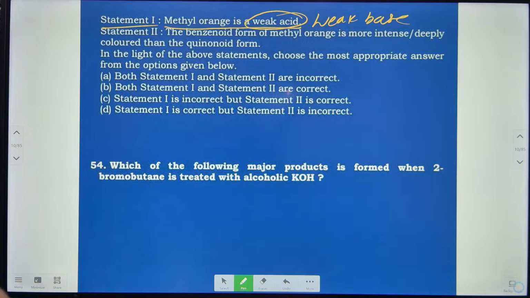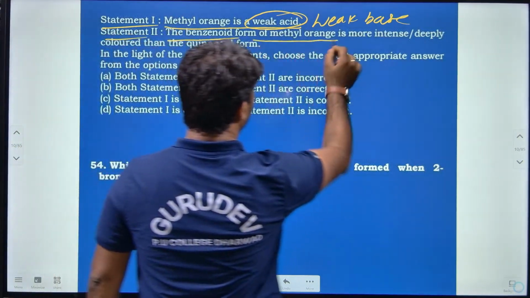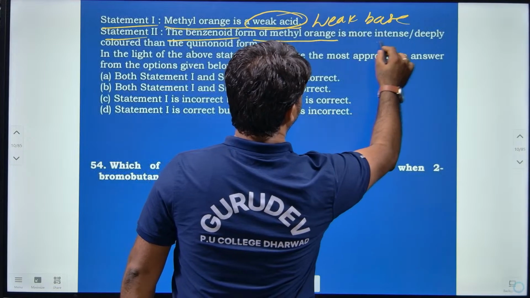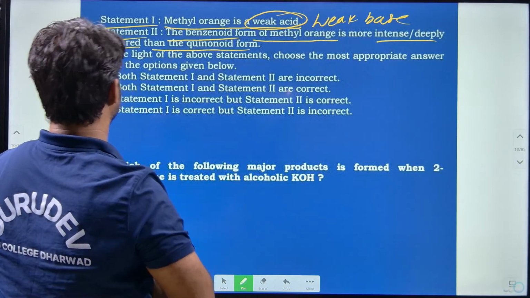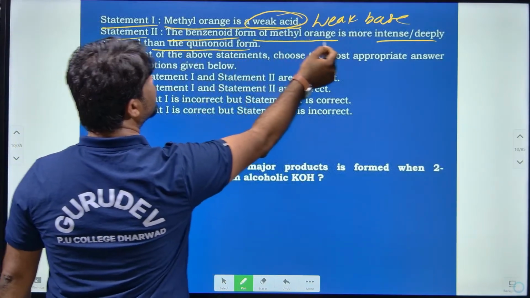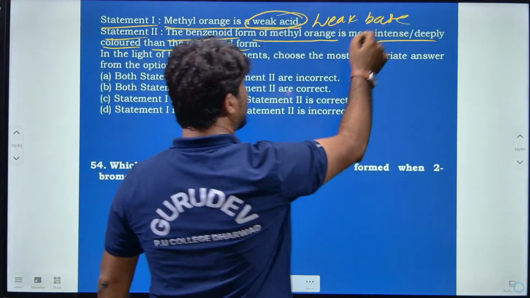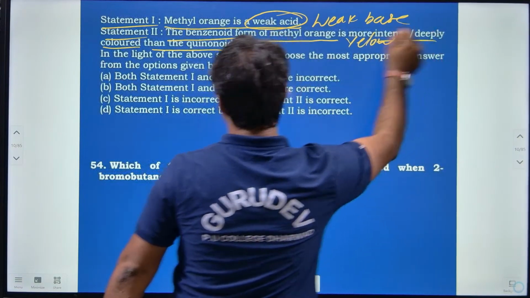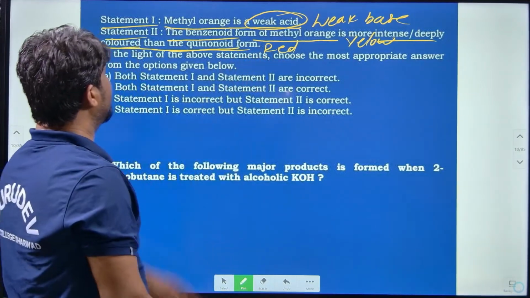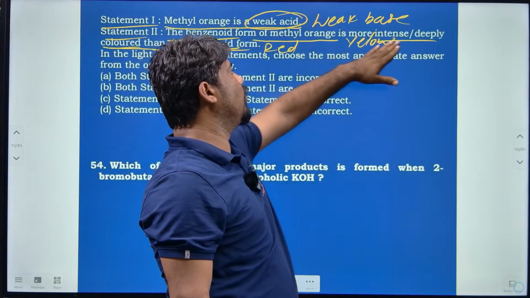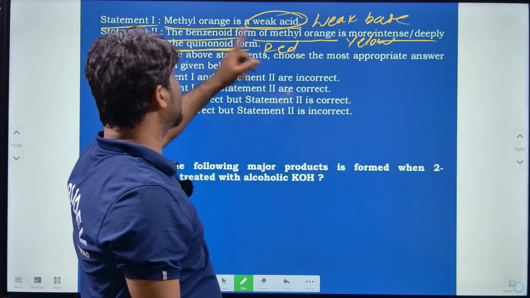Next, go to the next one. Statement 2: the benzenoid form of methyl orange is more intensely, deeply colored than the quinoid form. Actually, the benzenoid form gives a yellow color, and the quinoid form gives a red color.